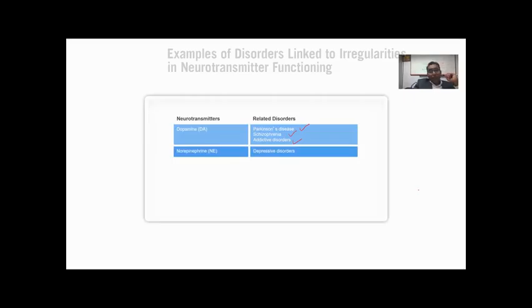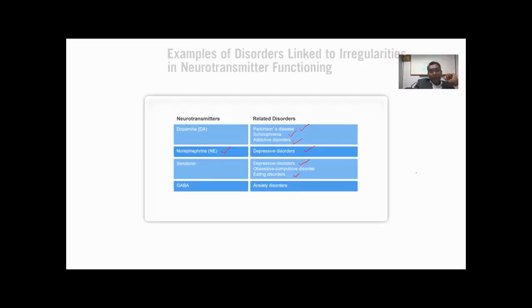Then we have norepinephrine, which is associated with depressive disorders. Then there is serotonin, which is very closely related to several depressive disorders, OCD, and eating disorders. Then there is GABA, which is associated with anxiety disorders. Again, we'll come back to these disorders and the role these neurotransmitters play, because increases or decreases in neurotransmitter amount can cause different kinds of disorders.